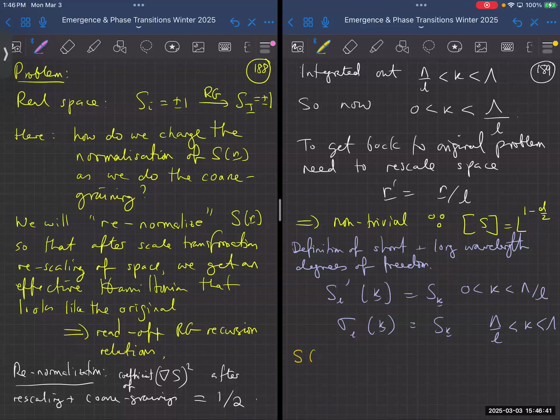S of R, which is my continuous long wavelength coarse grain field, then I can write in Fourier transform space like the following.